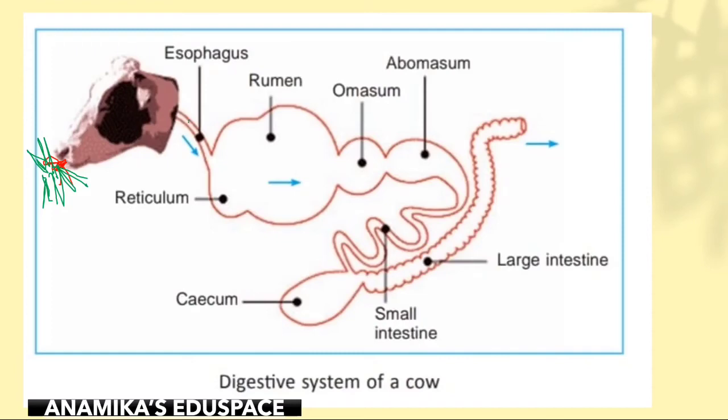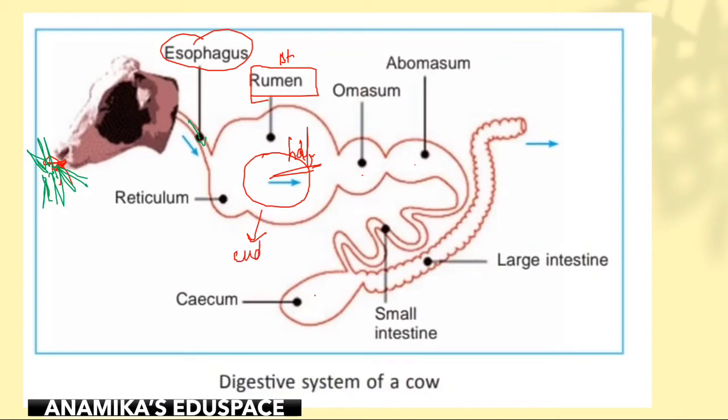Then it travels to the food pipe of the cow. Now this is the food pipe, that is the esophagus of the cow. Then it comes to the first portion of the stomach, that is the rumen. Then the food travels to omasum, abomasum, then it travels to the cecum. So here the food is digested partly, that is partial digestion, half digestion is done here, and then it is known as the cud. Clear?